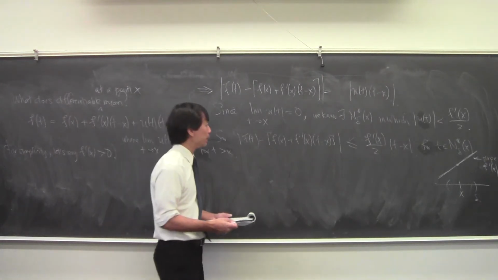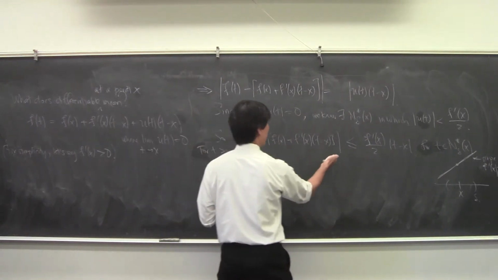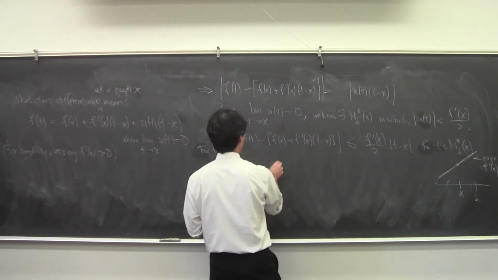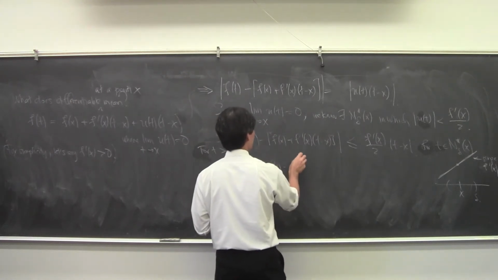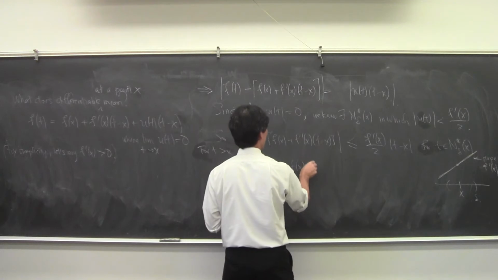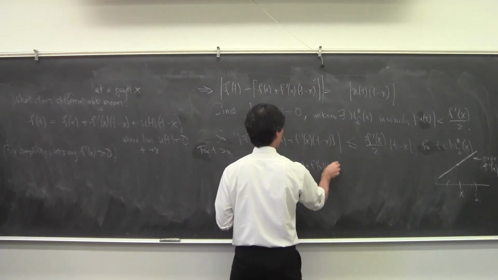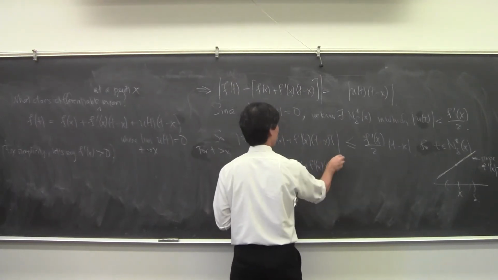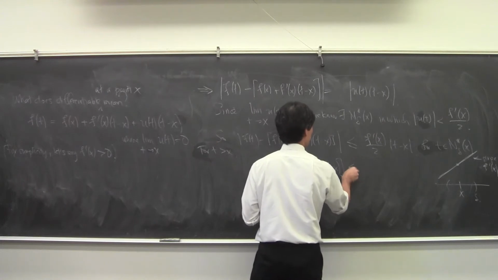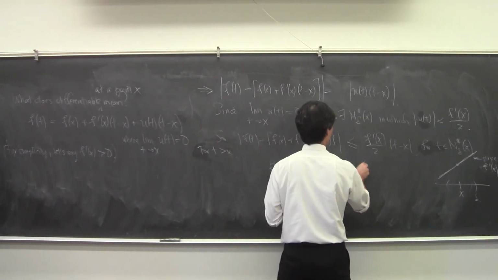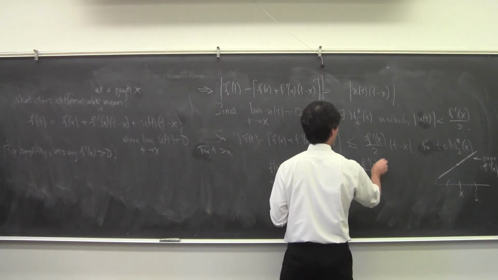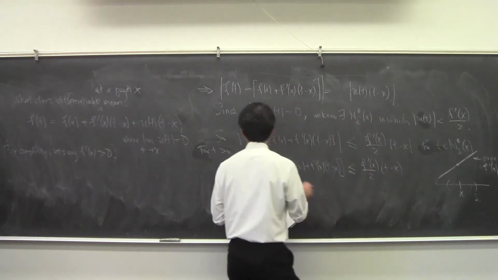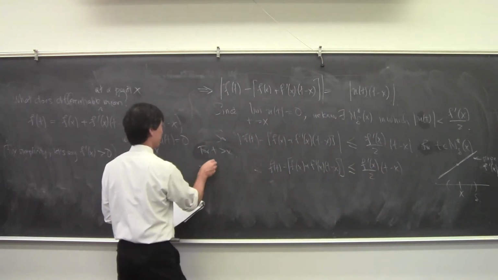Okay. So for t bigger than x, what do we get? We get that f of t minus the linearization f of x plus f prime x times t minus x is less than this thing times t minus x, and bigger than negative that thing, right?